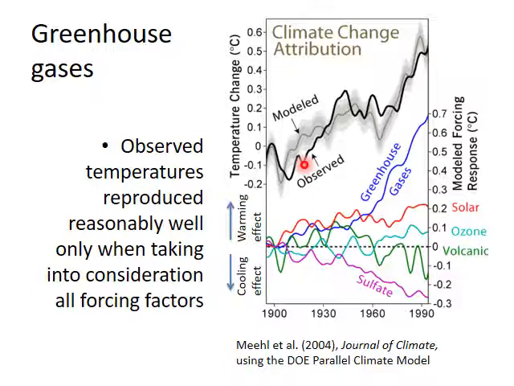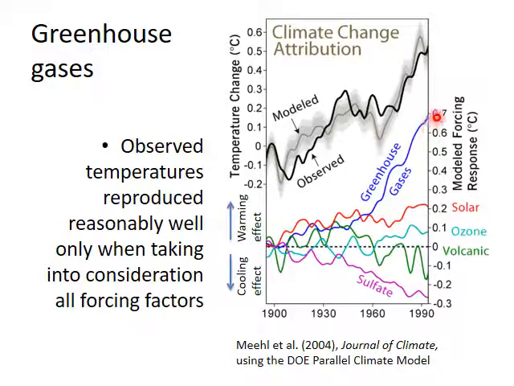What they then did is repeat these model runs, but in these colored time series they were using only one forcing at a time, keeping all the other forcings, either natural or anthropogenic, at their pre-industrial unperturbed condition.